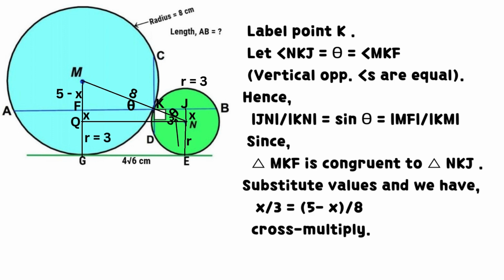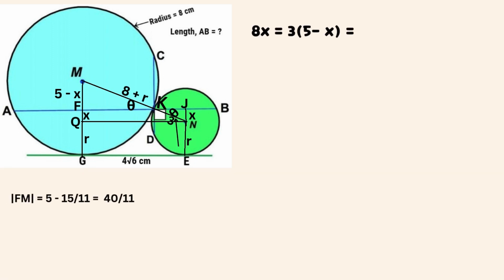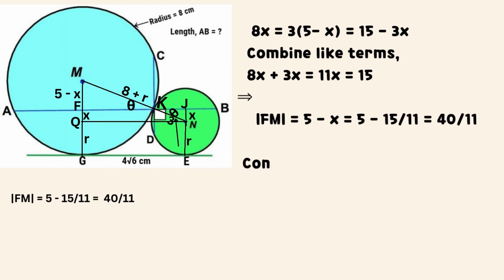Substitute values and we have x divided by 3 equals 5 minus x divided by 8. Cross multiply. Eight times x equals 3 times 5 minus x, which equals 15 minus 3 times x.